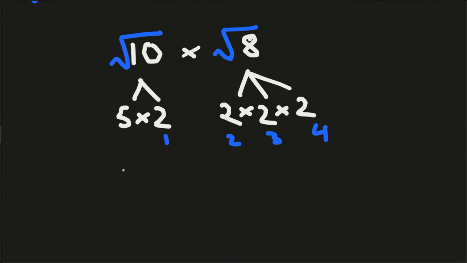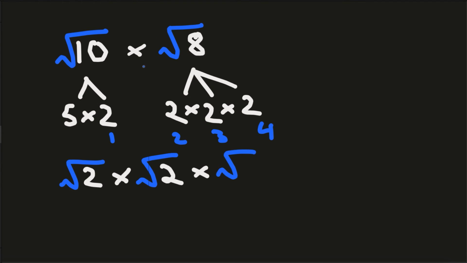So in other words, this is the same thing as the square root of 2 times the square root of 2 times the square root of 2 times the square root of 2.